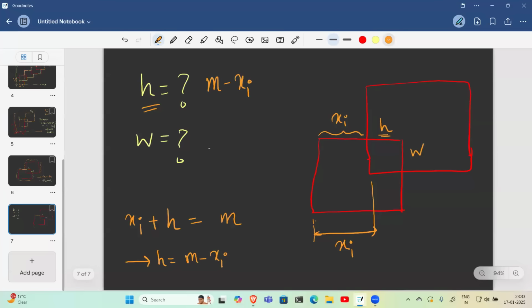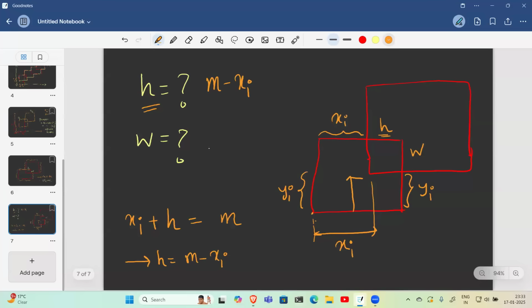By a very similar logic, if you look at this distance, this distance is simply yi. This is the distance the y coordinate has shifted, because the y coordinate has shifted from here to here.